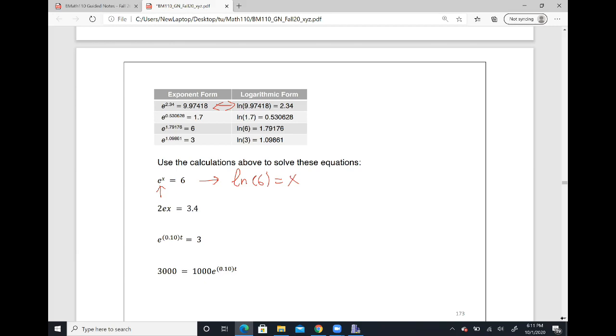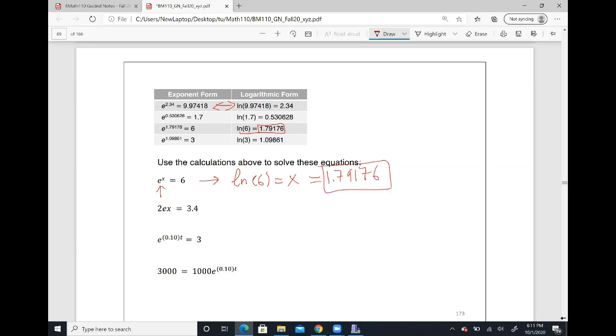But actually, ln 6 here is given to us as 1.79176 already, so that's going to be the answer. You can also use a calculator to do that, but I will show you later for the other problem.